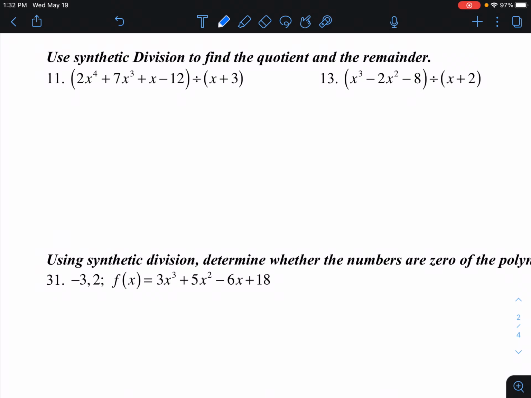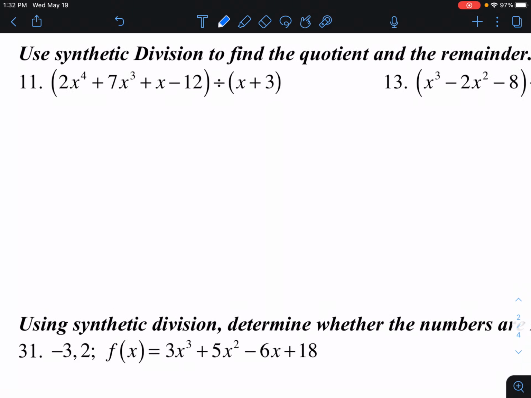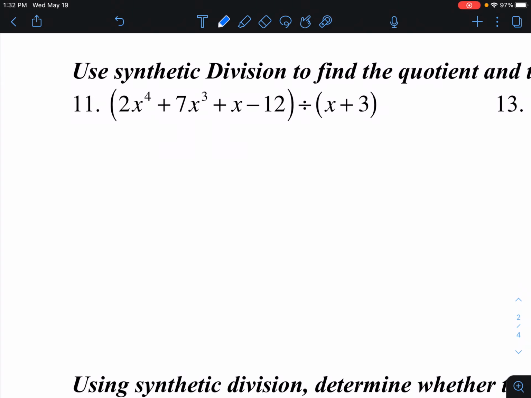All right, so use synthetic division to find the quotient and the remainder. We're dividing by x plus 3 here. So we set up a little box on the side, and we put -3. Why did we use negative?